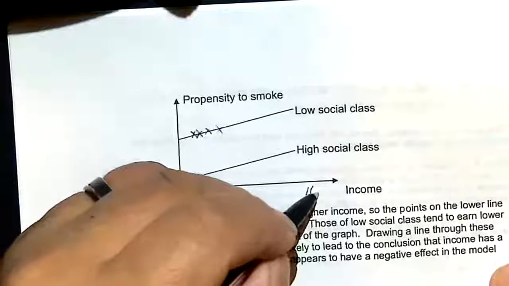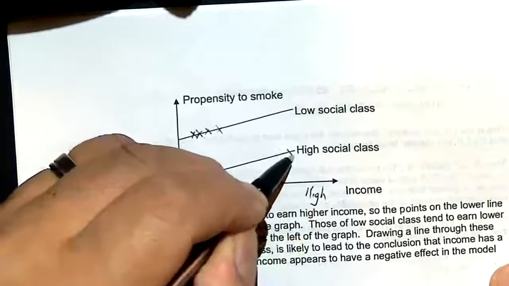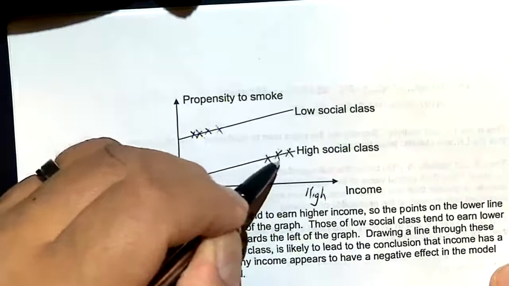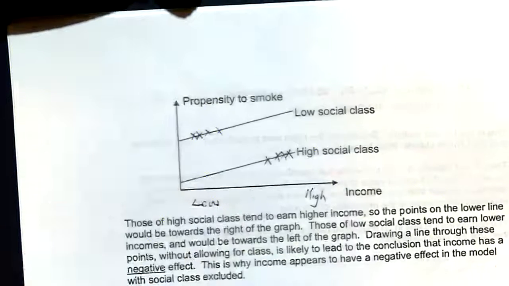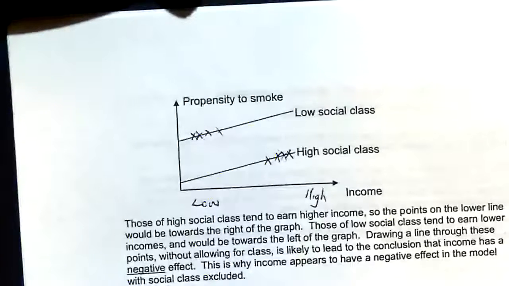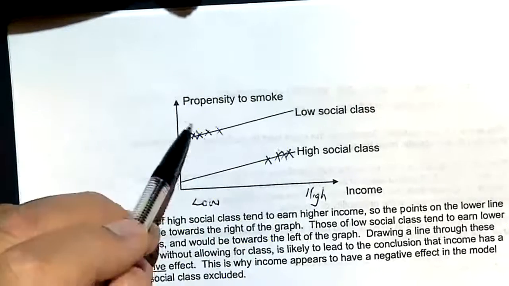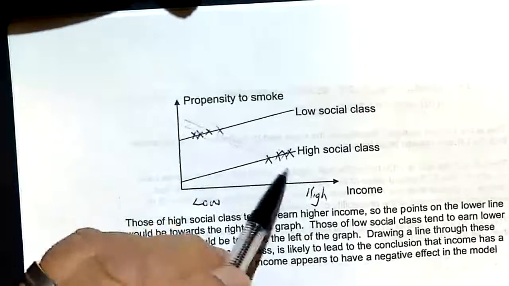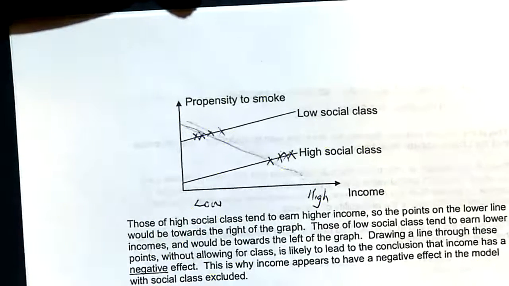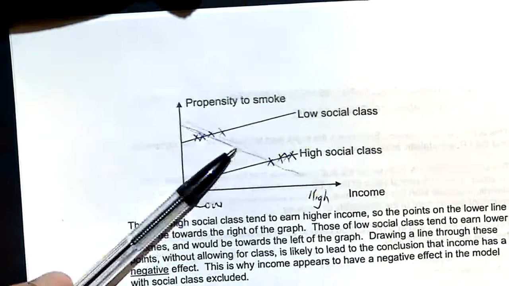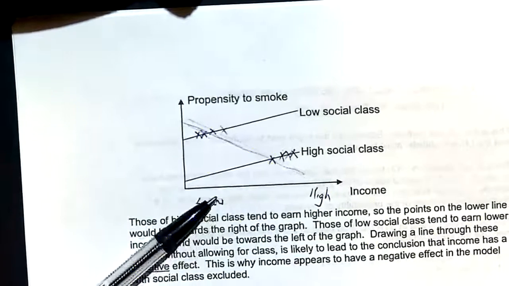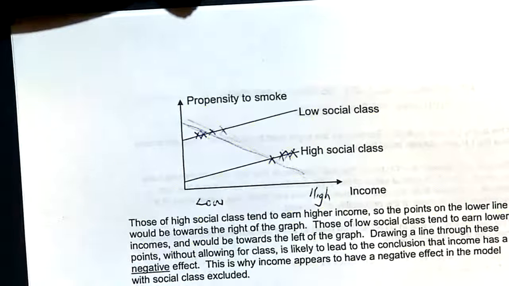Whereas the density in the high end of the income scale is likely to be with the people of the higher social class. Yes? And the simple model before, without social class, was simply measuring this effect. And that's why it was negative. Whereas when you put social class in, you can see then the income effect through social class is positive.